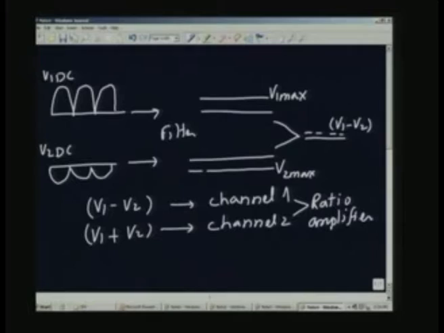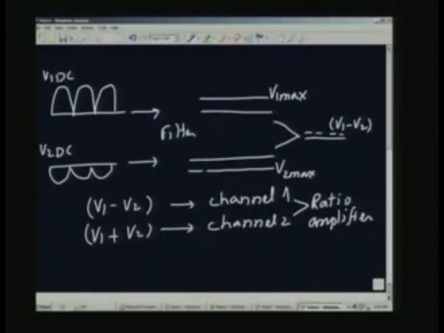So, this is basically what is going to be done in the case of an LVDT transducer, which is connected to a pressure transducer. The pressure transducer is going to communicate the change, or the displacement, which is due to the pressure difference. It is going to communicate to the core of the LVDT, and the core of the LVDT is going to create two AC voltages.